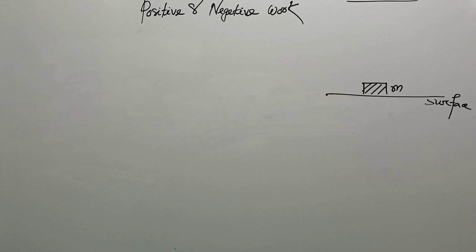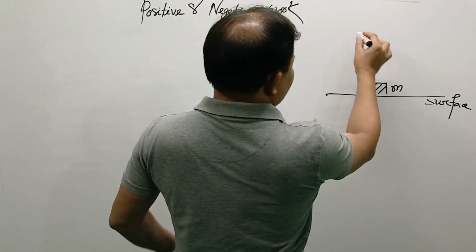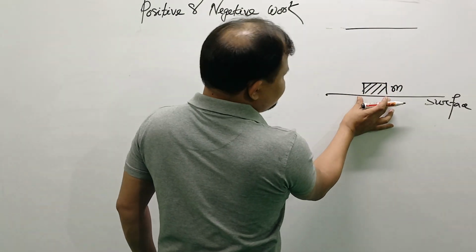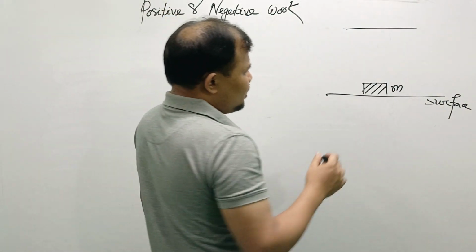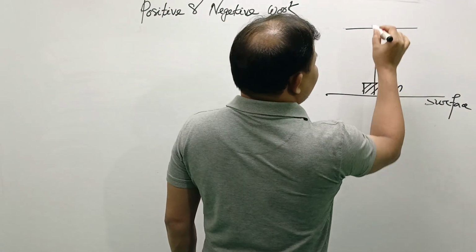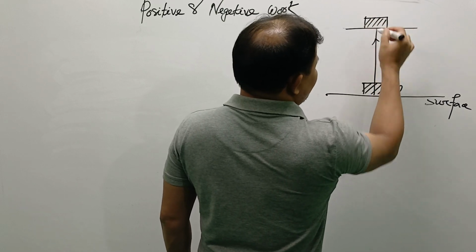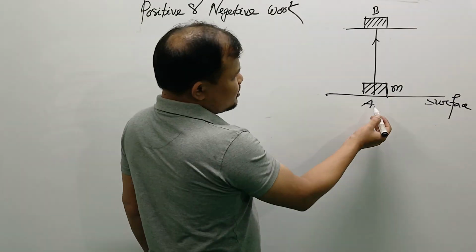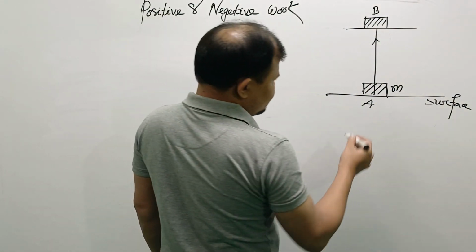Okay, my dear students, now our duty is to take the object from this position to this position. If you want to take the object from point A to B, this is the initial position and this is the final position.